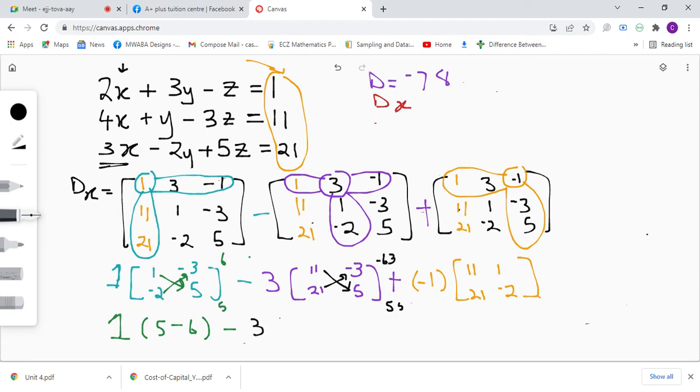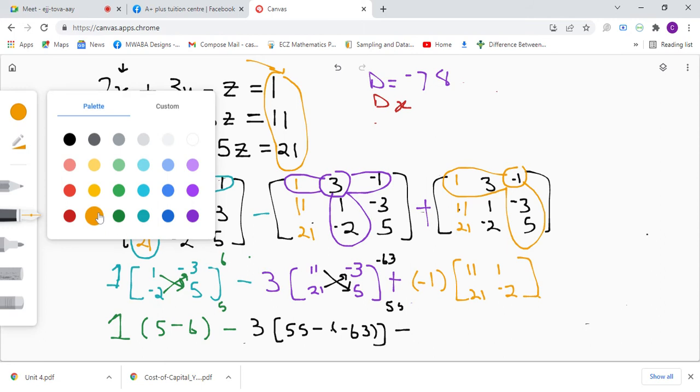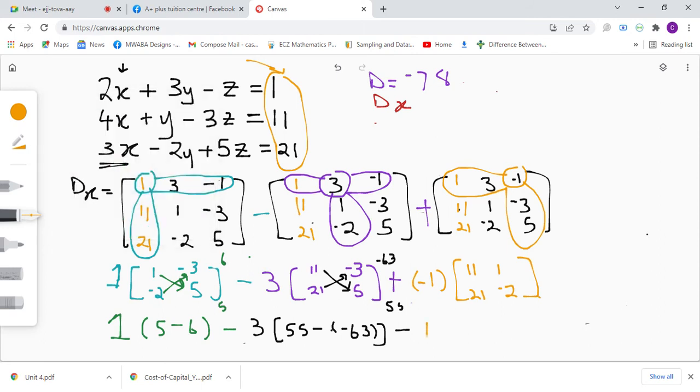Right, so we say 3, 55 minus negative 63, right? Positive and negative make a negative, so we'll just say minus. Okay, we have 1 here.